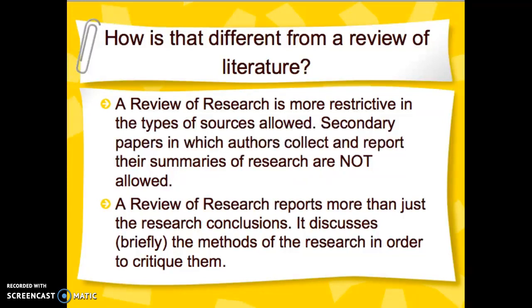Now, those sources may be useful to you in the course of doing your review of research because you can use them to locate literature. A very smart thing to do is to read somebody's secondary source and say, okay, let me go find the primary research on which this is based. But except for the introduction, you really don't have a place to use secondary sources in this paper. And it's best not to use them at all, just to not get confused about the thing.